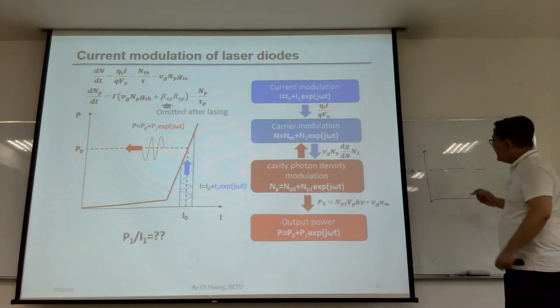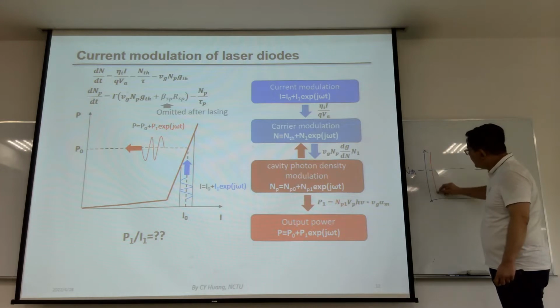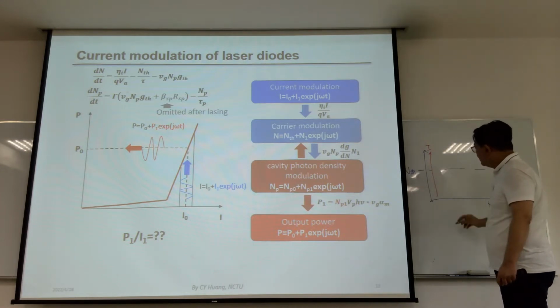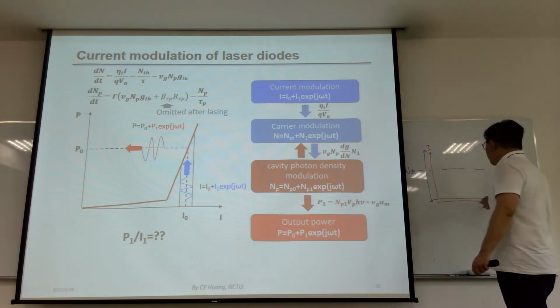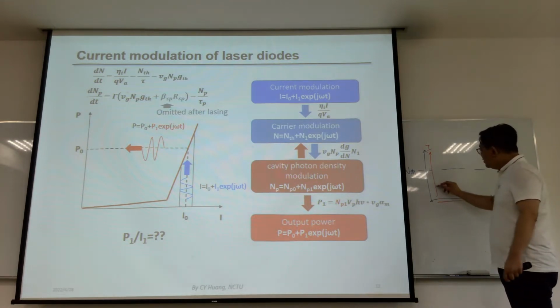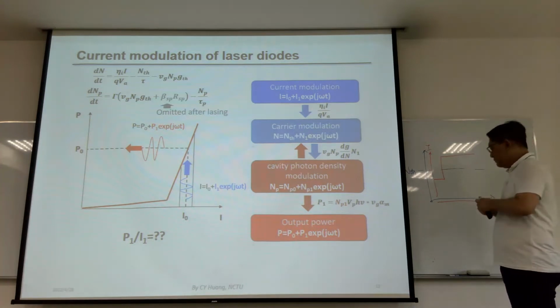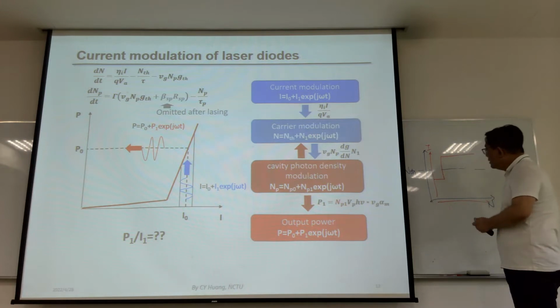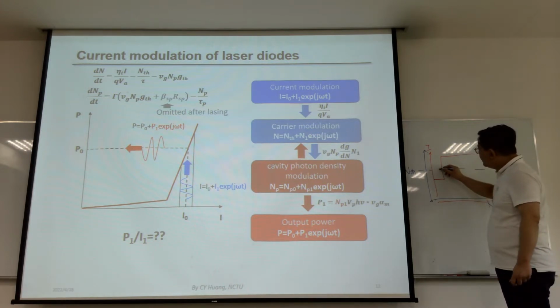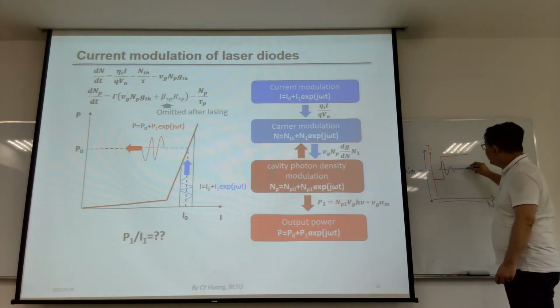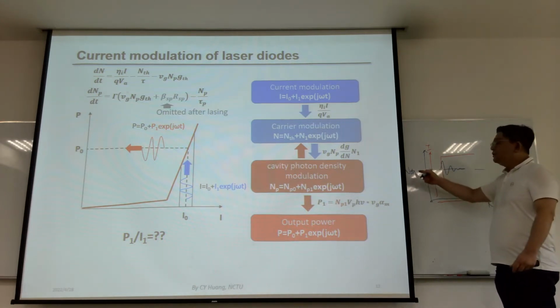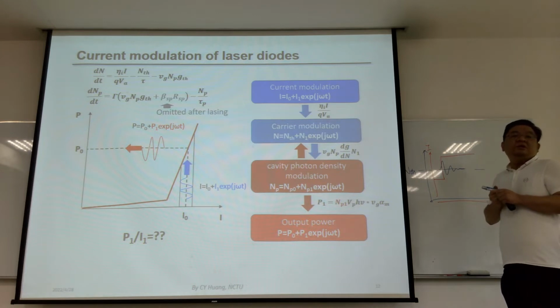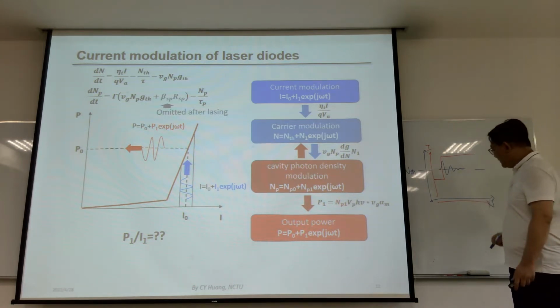And we said that if your current, so this is I, makes a sudden change like this, then N will increase first, then oscillate back and forth, and then eventually return to N_th. This is the gain trapping phenomenon.